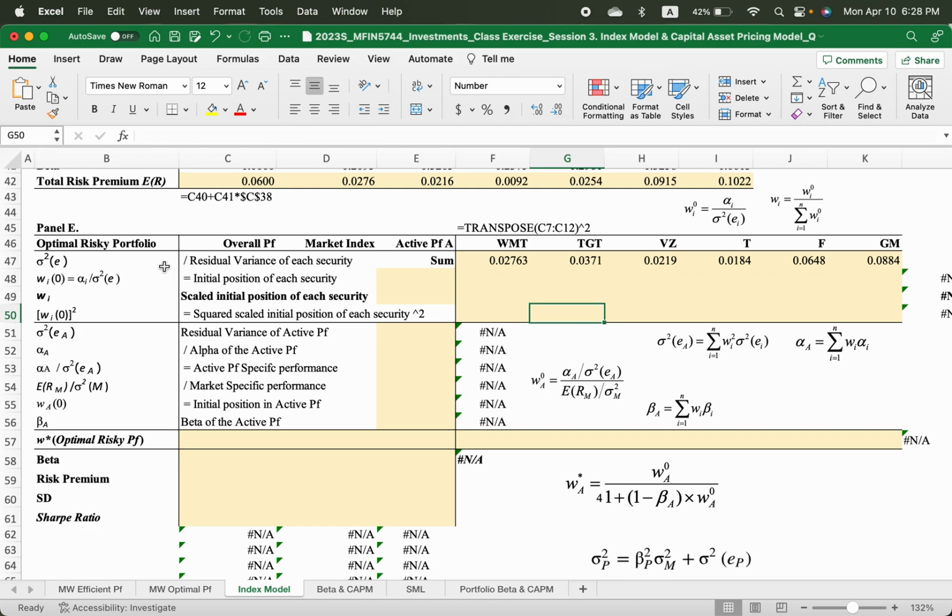Once you got this, the square root. And now the initial position of the securities we want to calculate is based on here. This is also one of the important points: the alpha divided by the variance of this error.